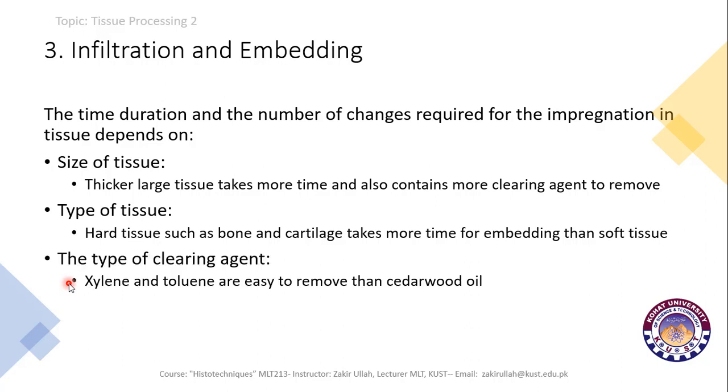The third factor is the type of clearing agent. If the clearing agent is xylene or toluene, it can be easily removed from the tissue. If cedarwood oil is used, as cedarwood oil is more viscous and dense than xylene and toluene, it will take more time and need more changes.